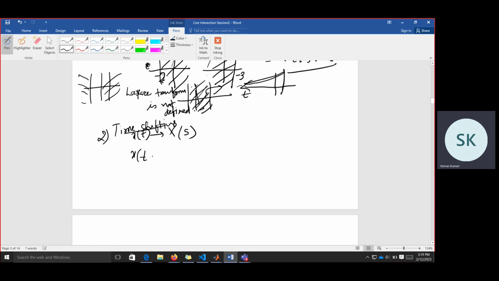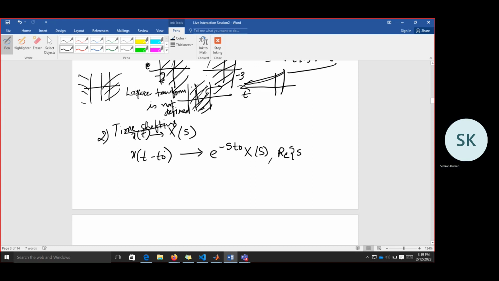Now it is shifted, so its Laplace transform will be this one, and its ROC is R, suppose. It will be shifted by T0, I think. Let me check.